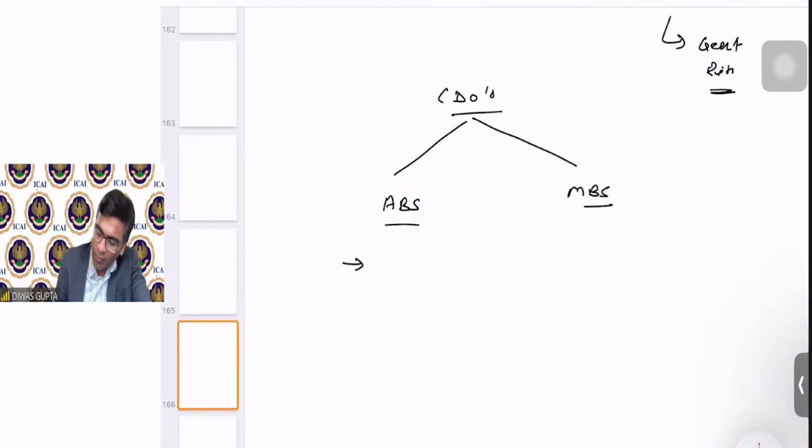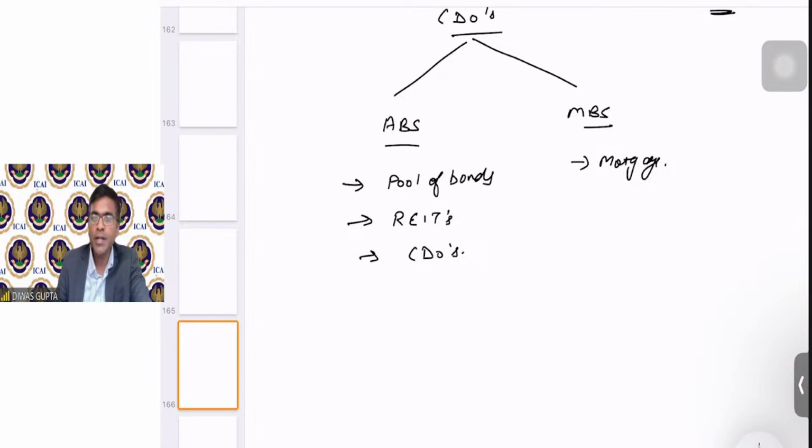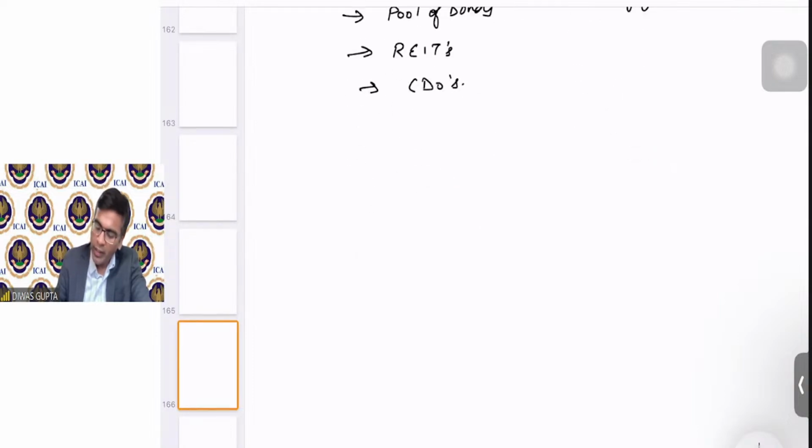For example, pools of REITs, correct? Investment funds, whatever investment funds are there. Then even other CDOs are also part of ABS, and hence they can also be a CDO. So CDO can also be on a further CDO, right? You are getting my point, students? So MBS is actually mortgage. Okay, students, clear?